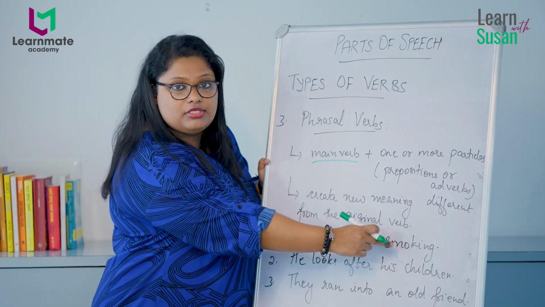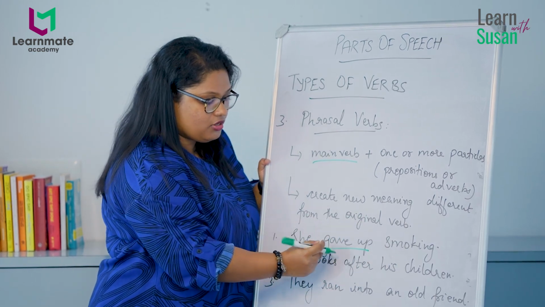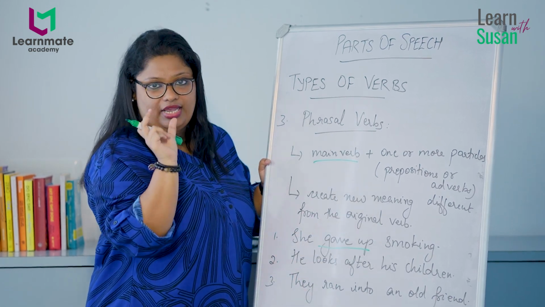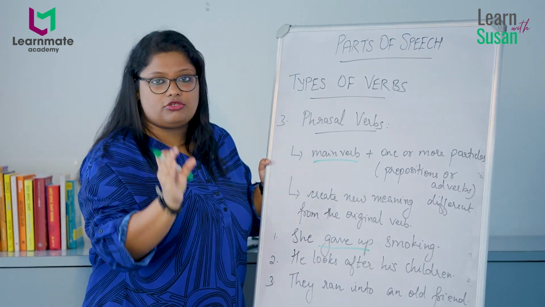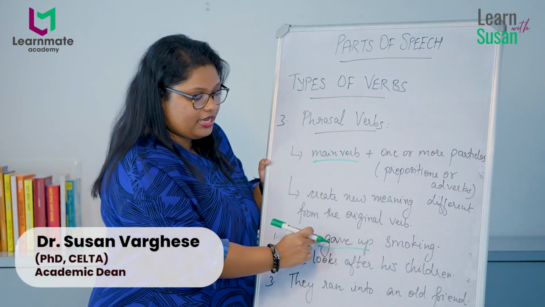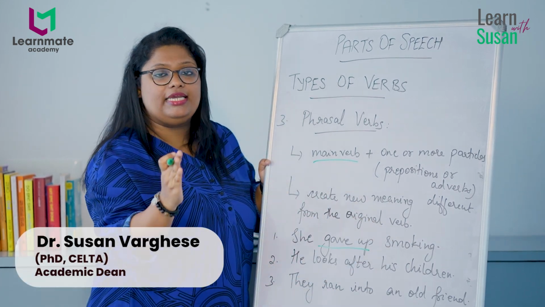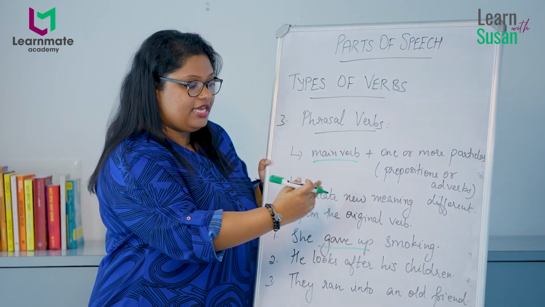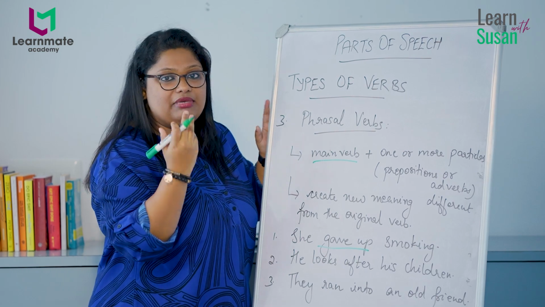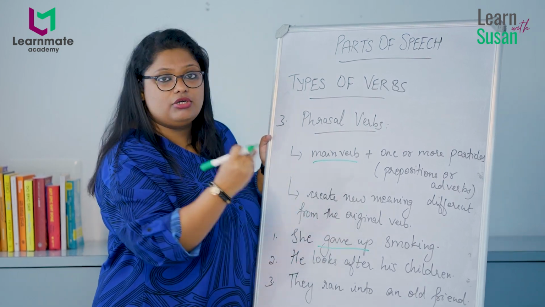She gave up smoking. Here, the combination of gave and up forms a phrasal verb which means stopped. She stopped smoking. When I take gave and up separately, it gives me another meaning. So these are all different meanings that come into consideration.